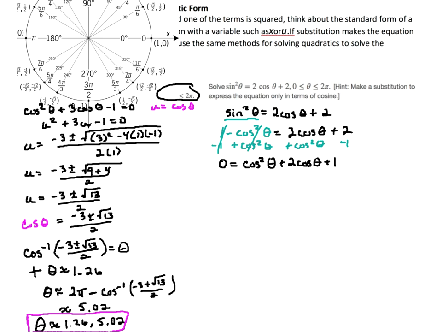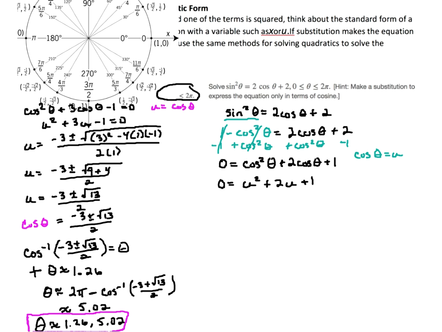All right. So now I'm going to come back and say, I don't want to see all these cosines when I'm trying to factor and use the zero product property. So I'm going to let the cosine of theta equal u, and I'm just going to rewrite this in u's. So 0 equals u squared plus 2u plus 1.